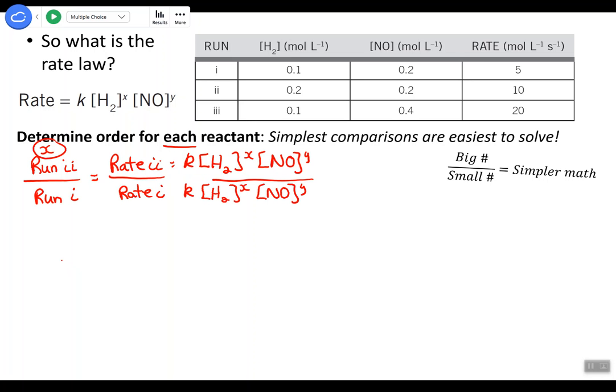The rate law is going to be the same. The x and the y aren't changing by changing initial concentrations. But I can now plug in this experimental data to solve for x.